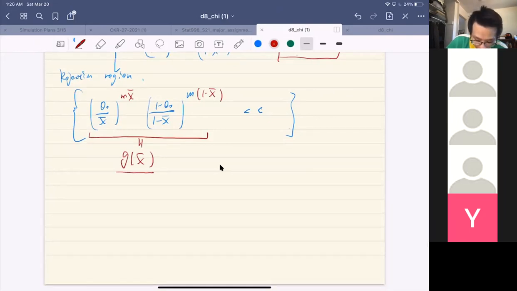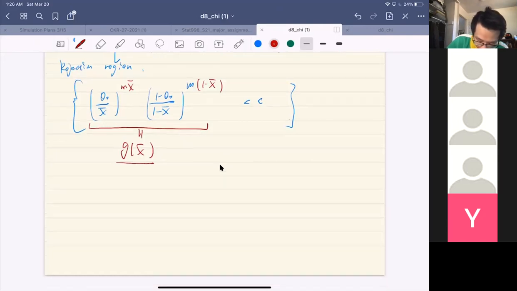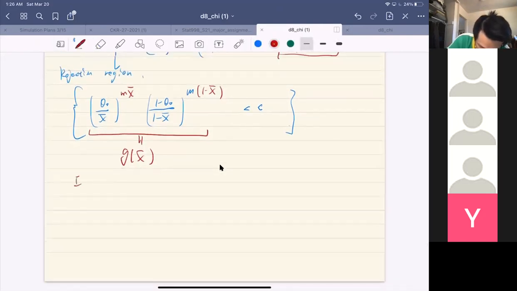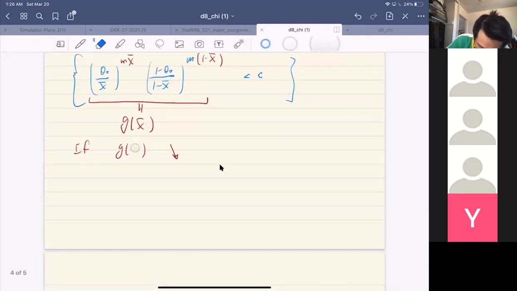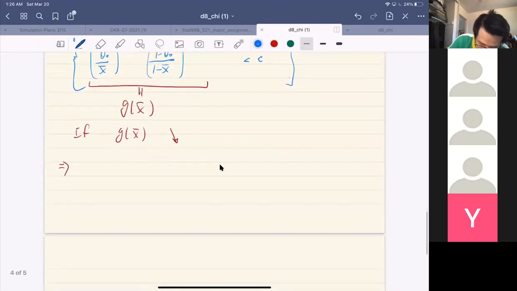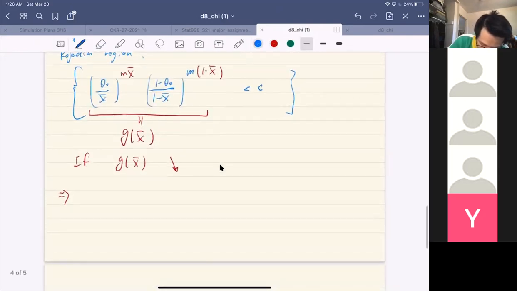So if this is decreasing in s bar, so if g of s bar is decreasing, then the equivalent rejection region will be s bar greater than something.